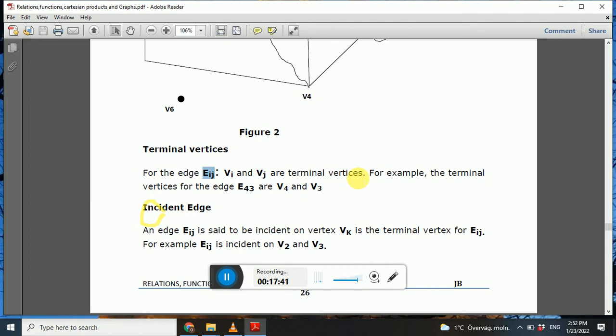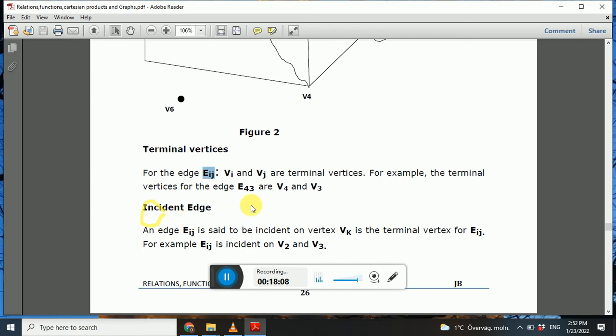So terminal vertices or adjacent vertices mean the same thing. For example, an edge E43 means vertex 4 and vertex 3 are terminal vertices, or another person can say that they are adjacent vertices because they are connected by the same edge.